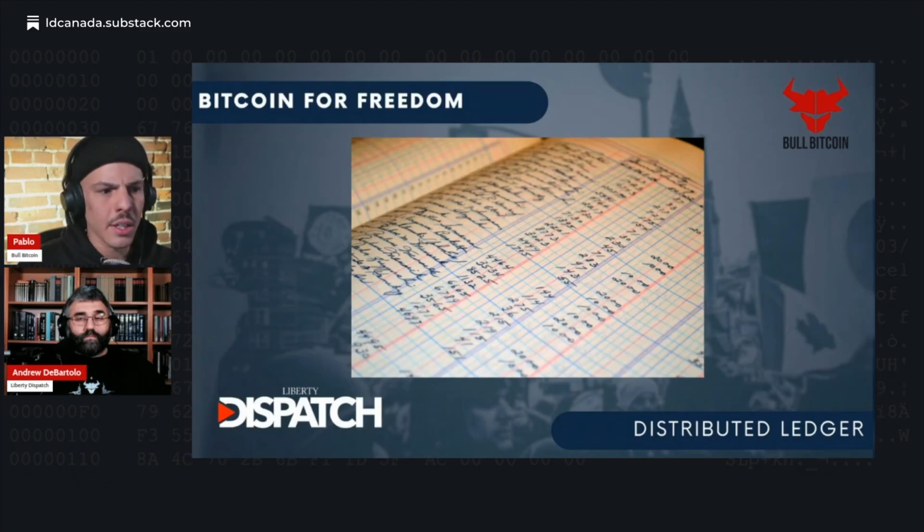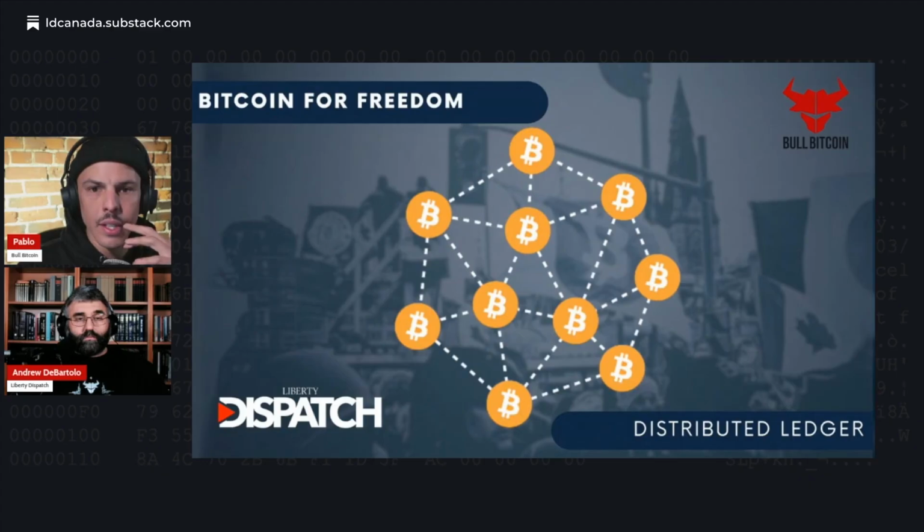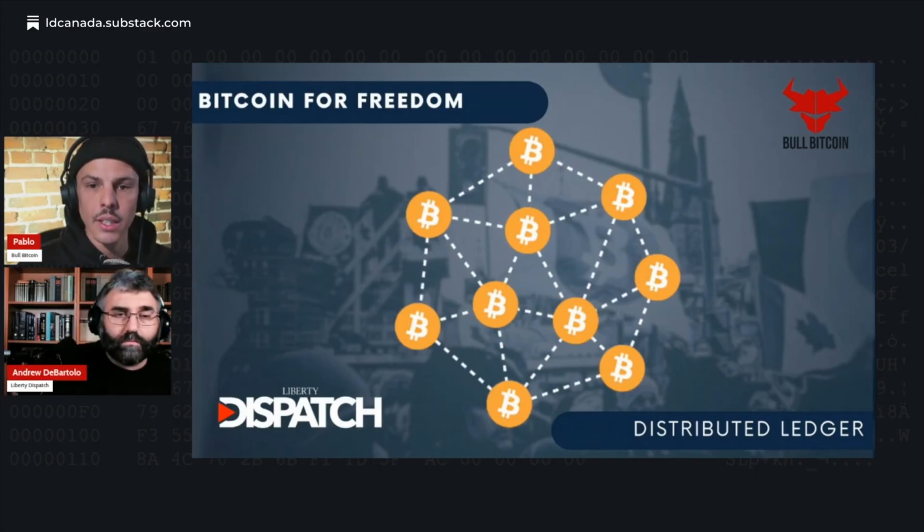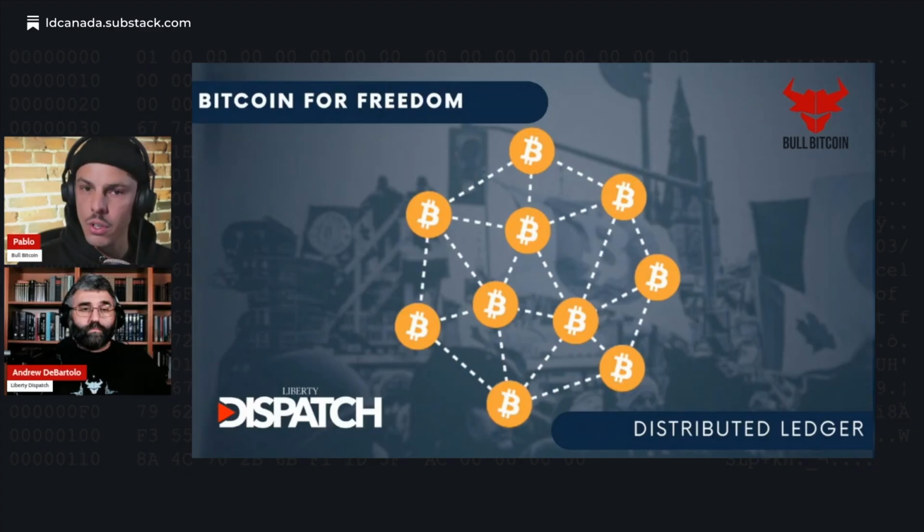So try and see the distributed ledger as exactly that, a ledger. It's digital, but it's a good image to use. But the distributed part of it is a bit weird. So imagine having not one bookkeeper, but a network of bookkeepers, and they're all looking at the same information together and they're verifying everything individually. So now we get not just one bookkeeper, we get thousands of bookkeepers across the world.